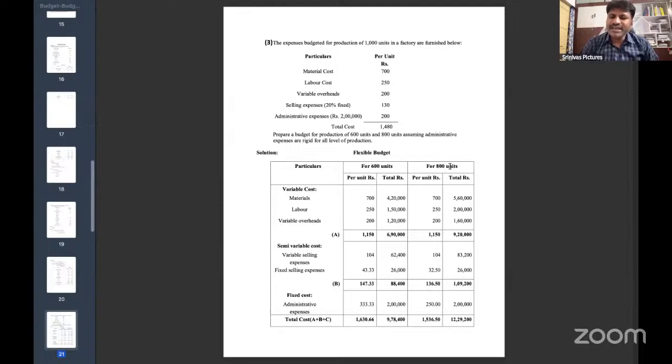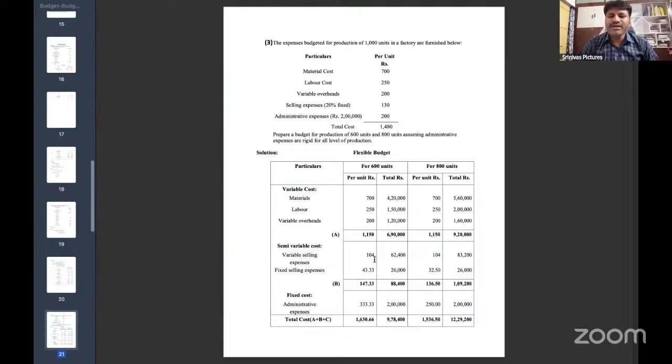Similarly for 800 units: 800 into 700, 5,60,000. 800 into 250, 2,00,000. 800 into 200, 1,60,000. So this first heading is the variable cost: variable cost per unit into number of units we are going to take.